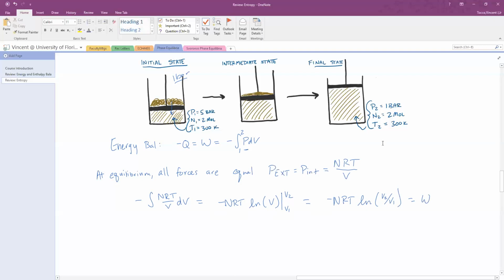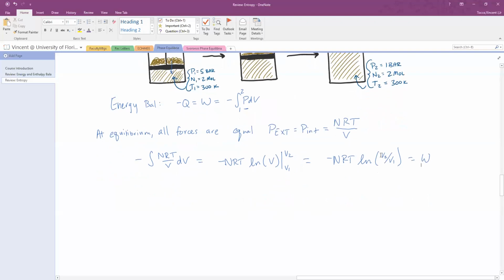All right, we have to apply the same trick and say that V2 can be expressed by the ideal gas law. So we say V2 is n2 RT2 over P2, and V1 is n1 RT1 over P1. And therefore, if we put them over each other, the n's cancel because those are equal.